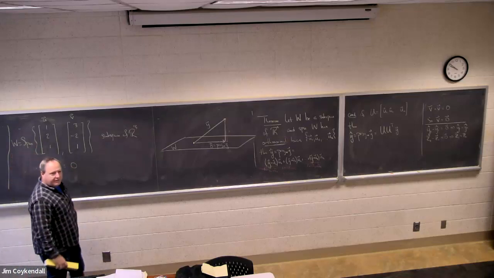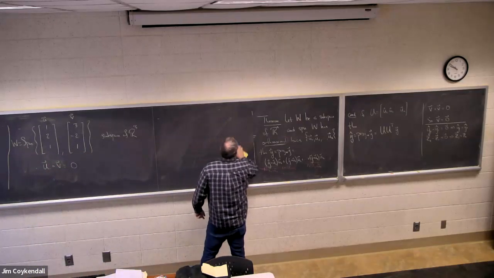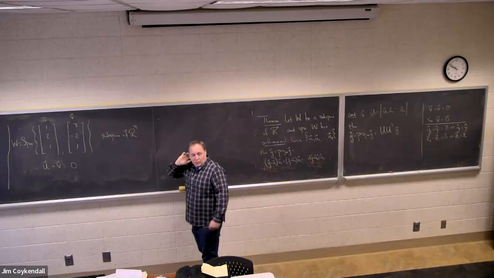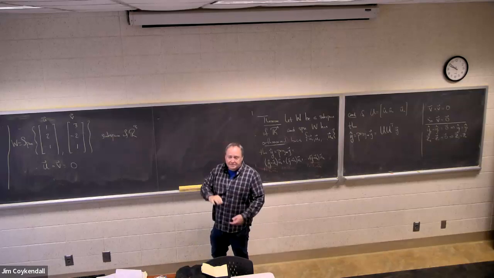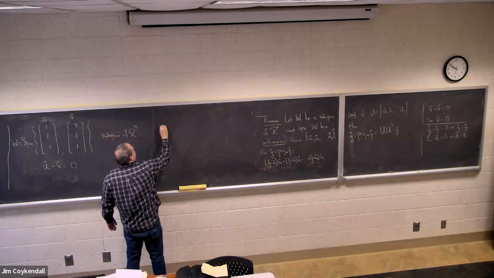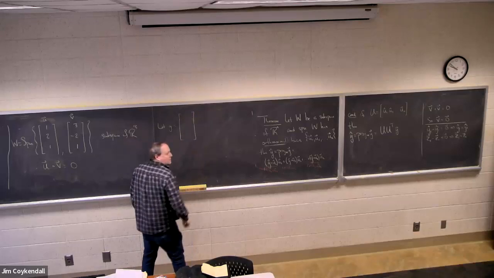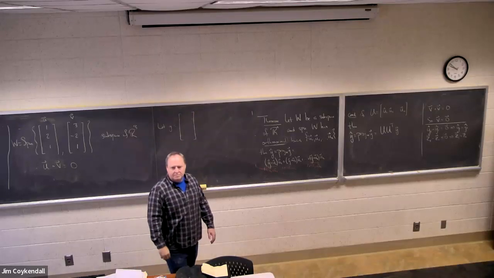So these two vectors, even though it's not clear just from writing the numbers down until you do the dot product, are orthogonal. So, somebody give me another vector.